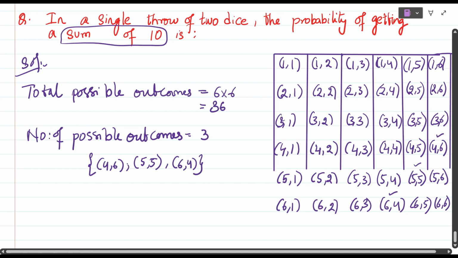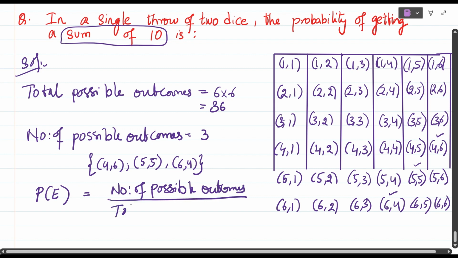So write the probability of an event now. Find out the probability. Write the formula, students. So the number of possible outcomes by the total number of outcomes.